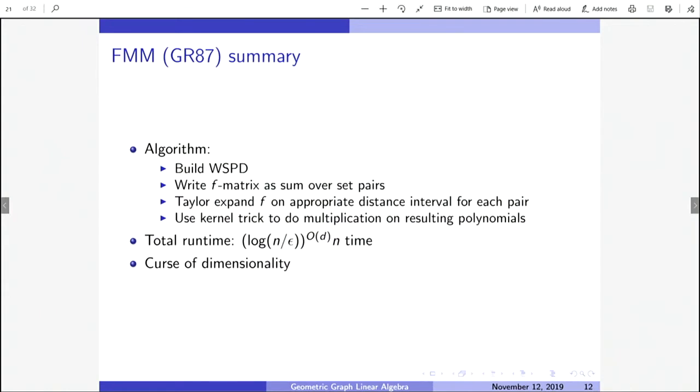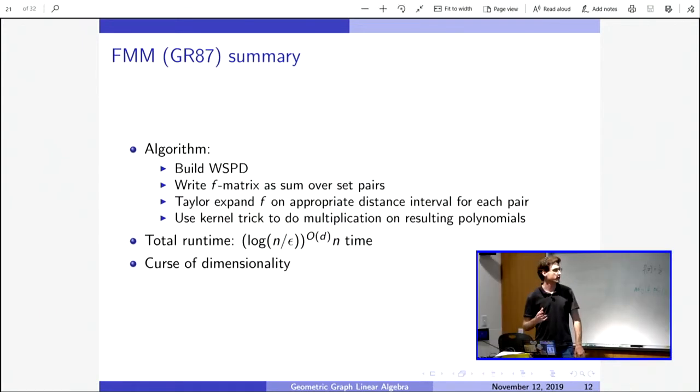So just to recap, the fast multipole method started by building a well-separated pairs decomposition, and then it used that decomposition to write the matrix as a sum of matrices defined for well-separated sets.